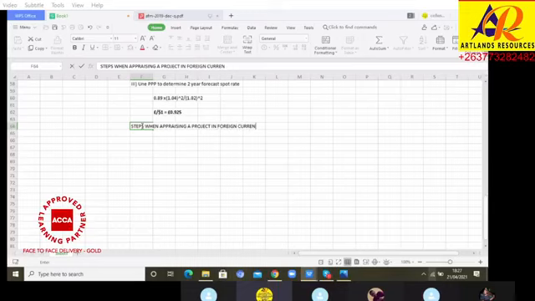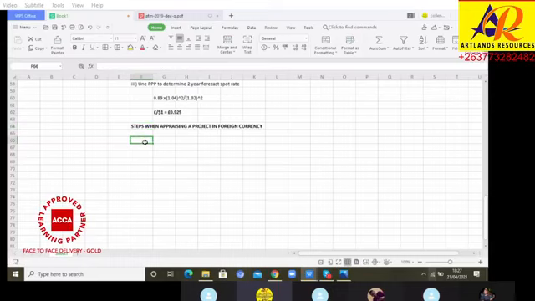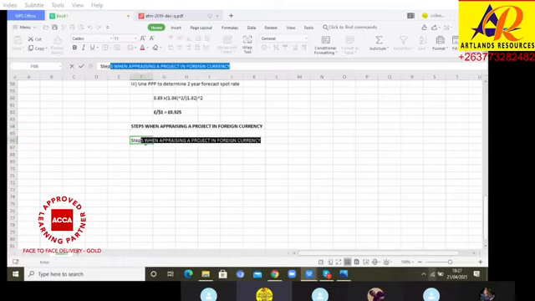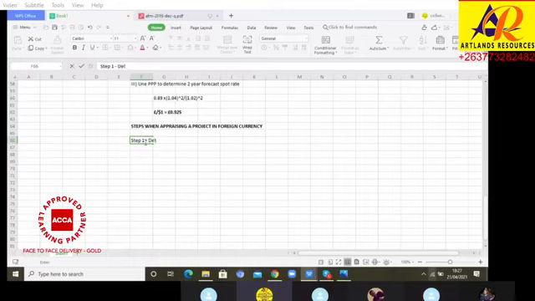There are steps that you follow because now the project is in foreign currency. So step one, determine net cash flows of the project in foreign currency as discussed in earlier chapters.